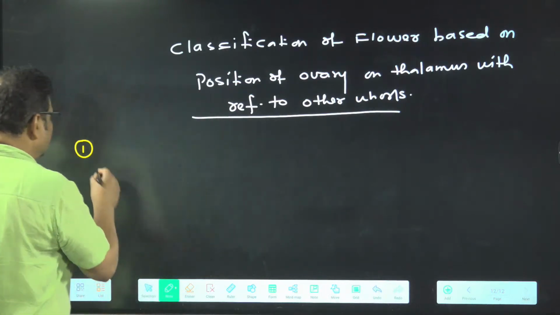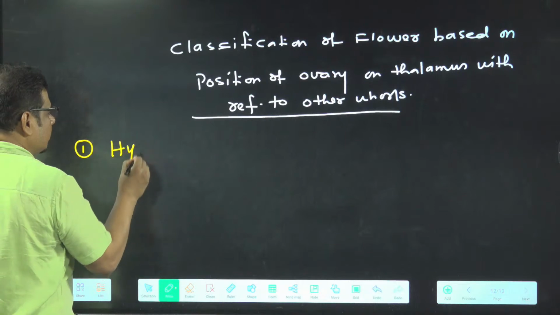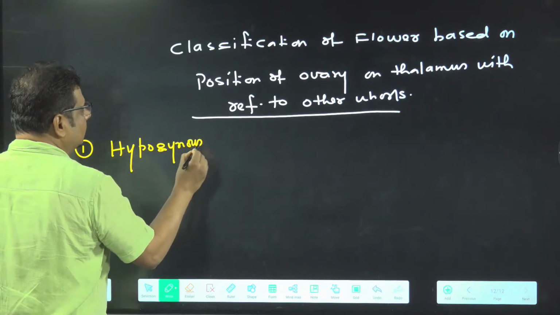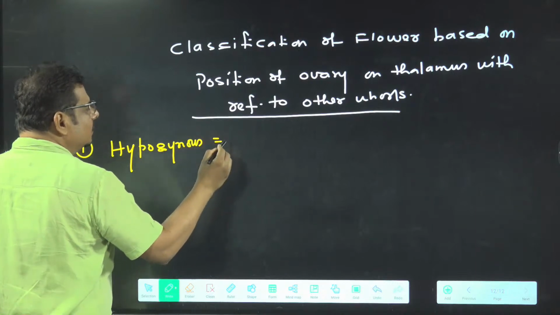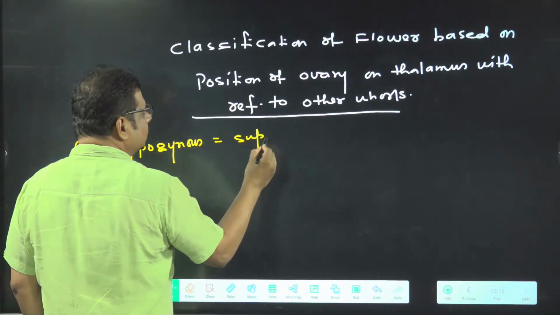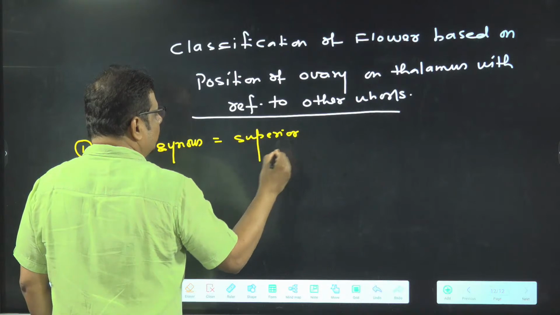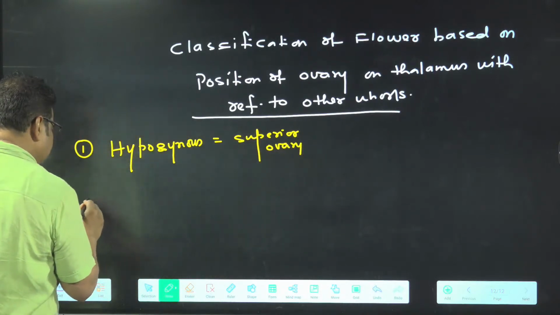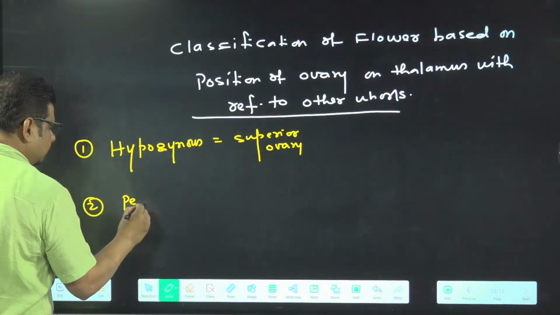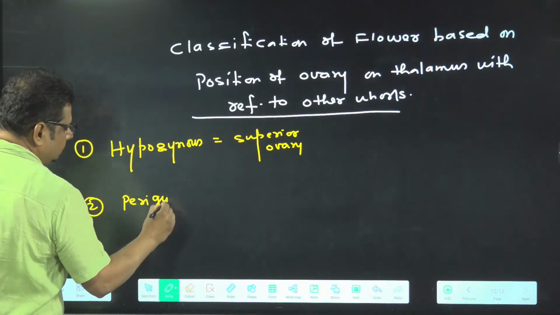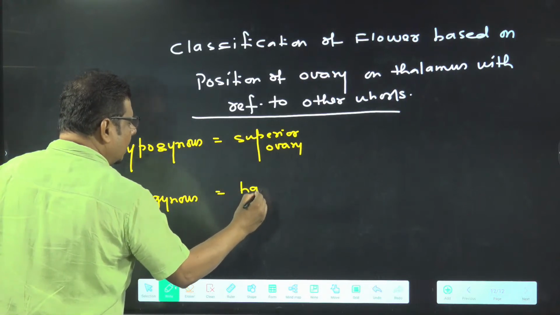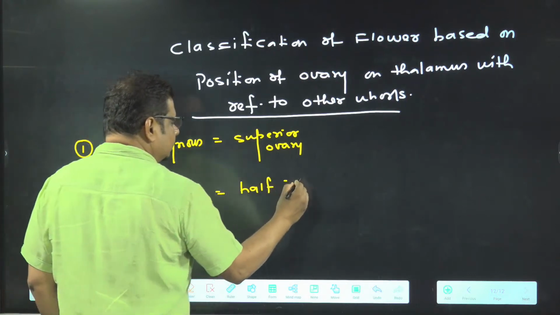Right? So hypogynous. What is the key point? Superior ovary is present. Second one is which one? Perigynous. What is the key point? Half inferior ovary is present.